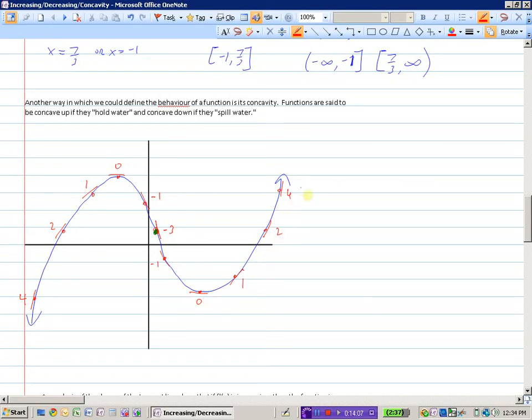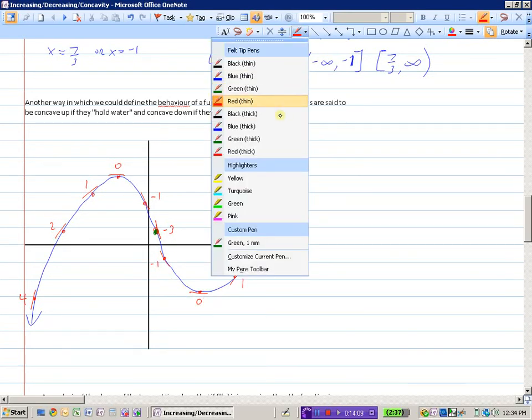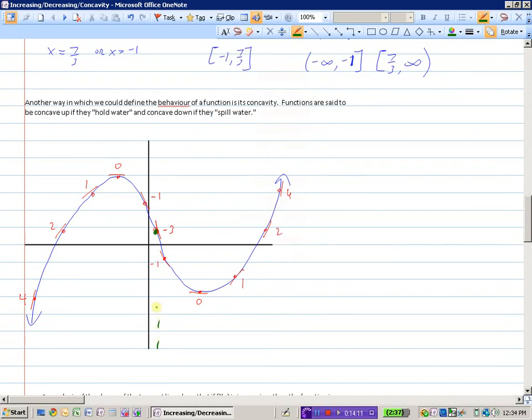So if this is our concave down region, we can say that the slopes of the tangent line is increasing. Sorry, no, 4, 2, 1, 0.